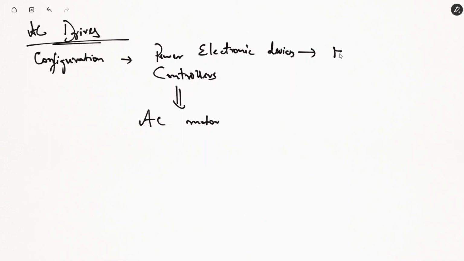For AC drives, the power electronic devices that will be used can be inverters or cycloconverters. The output of inverters and cycloconverters is an AC output. Using these power electronic devices, we'll be able to control the speed of the AC motor.